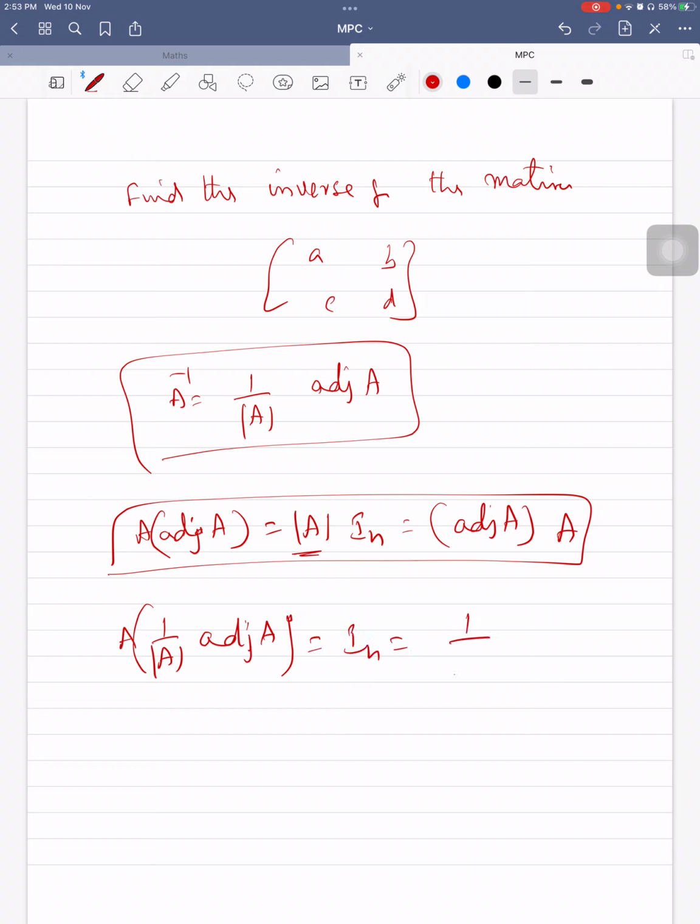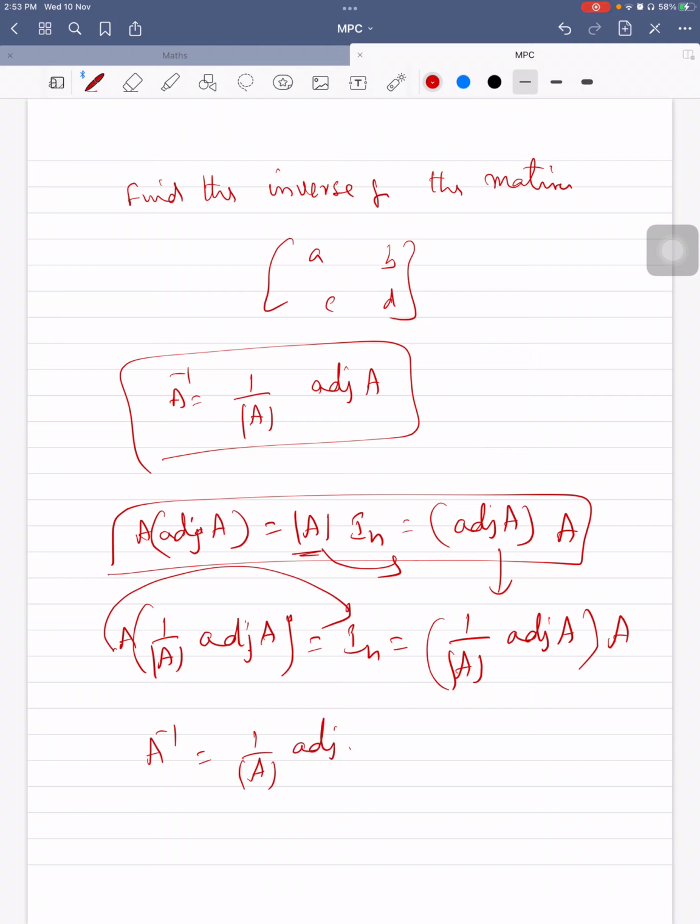This can also be written as 1 by determinant A adjoint A of A. Now multiply both sides by A inverse, then you'll get A inverse equals 1 by determinant of A adjoint A.